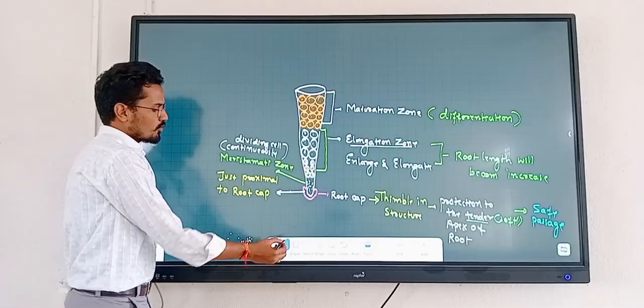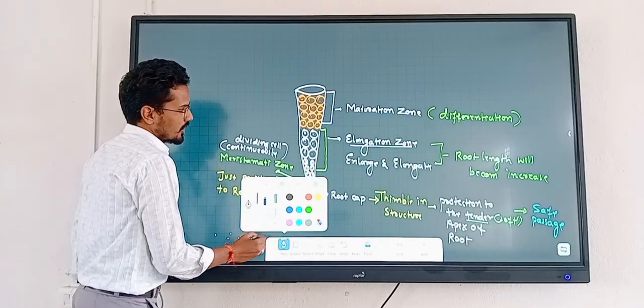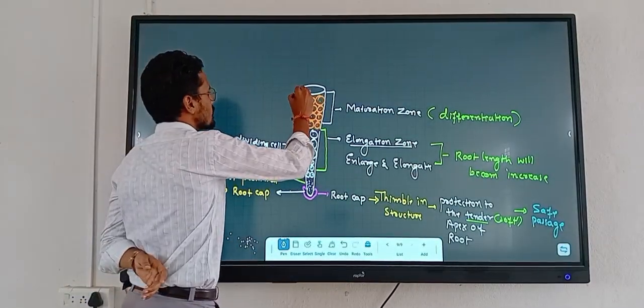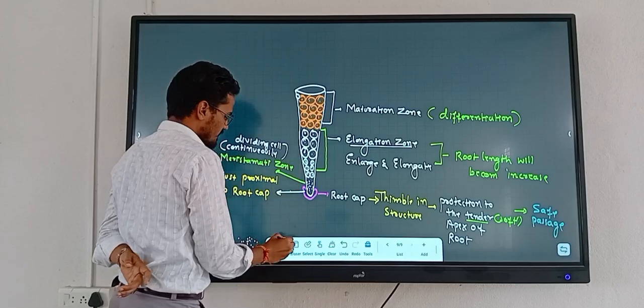Okay, the outermost layer of the maturation zone cells are considered epidermal cells.